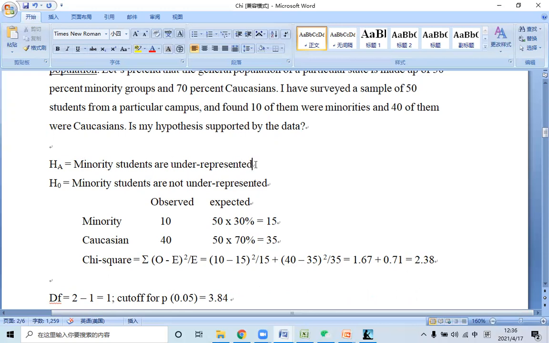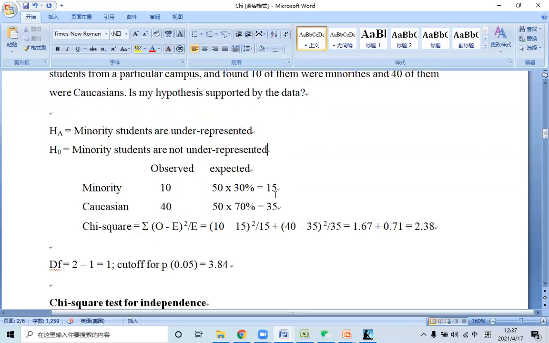And then the null hypothesis says minority students are not underrepresented. These are the two hypotheses. We are trying to reject the null hypothesis. Once we reject the null hypothesis, we can support the research hypothesis or alternative hypothesis.